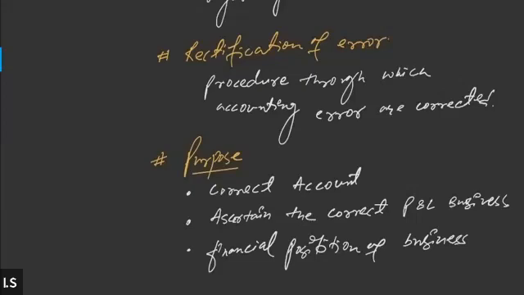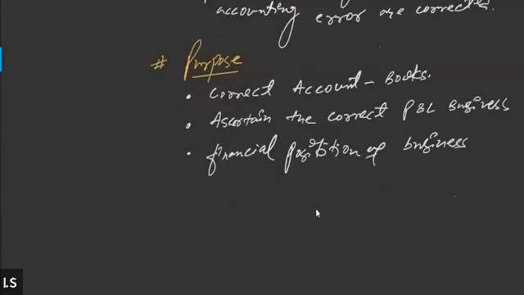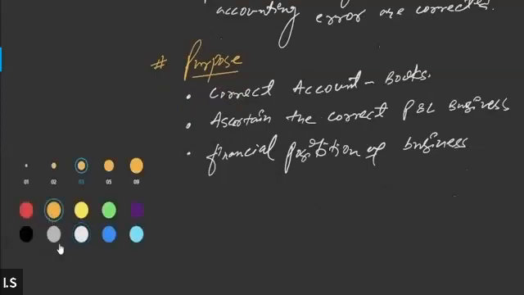So errors need to be rectified so that correct accounts can be prepared, the business can determine the correct profit and loss, and understand its financial position in a proper manner. Okay, is there any doubt till this point, Alexander? No, sir. The meaning of error, rectification and purpose is clear.